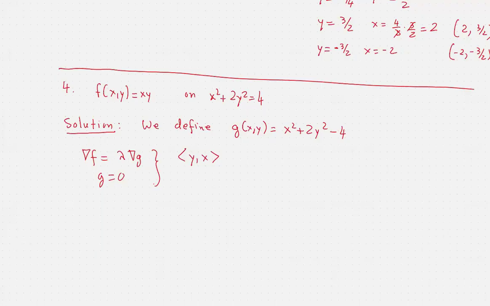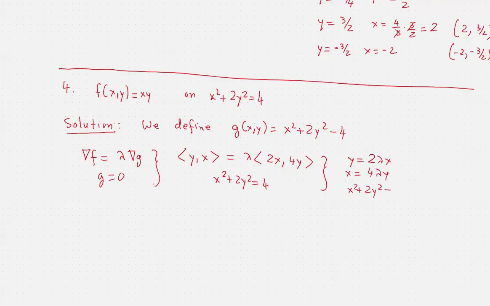And lambda times 2x comma 4y, and x squared plus 2y squared is equal to 4. Again, this becomes much simpler as y is equal to 2 lambda x, and x is equal to 4 lambda y, and x squared plus 2y squared is equal to 4.